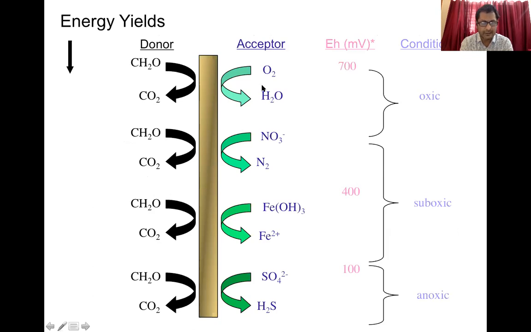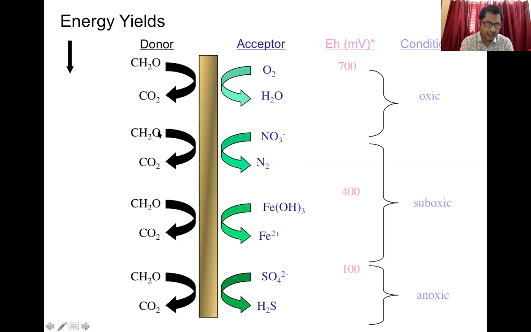So all the electrons coming out in the process of converting glucose to CO2 in respiration go terminally to oxygen, which is converted into water. This generally happens at 700 millivolt, and this condition is known as the oxic condition, which takes place in most of the aerobic organisms.